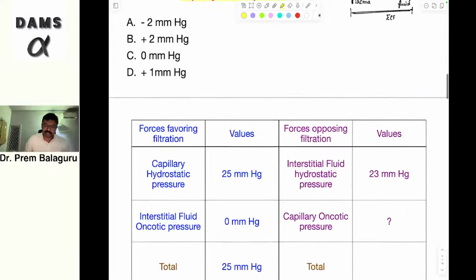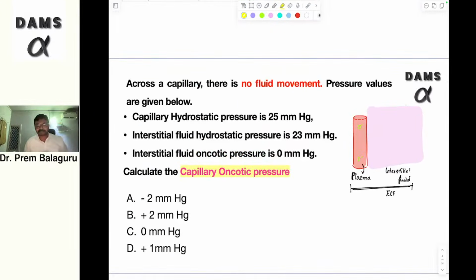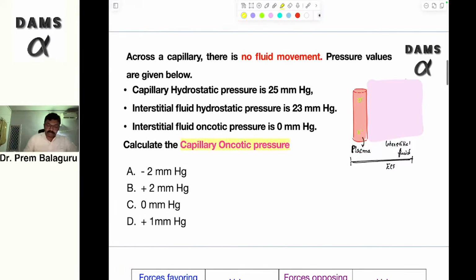So let's take up the first question and let us take up the first method. People, this is a very simple question about Starling forces. So this question is all and all about Starling forces, guys.